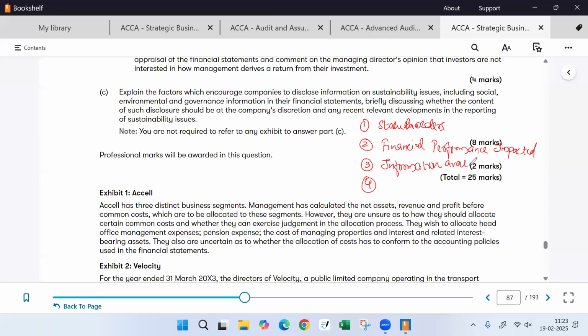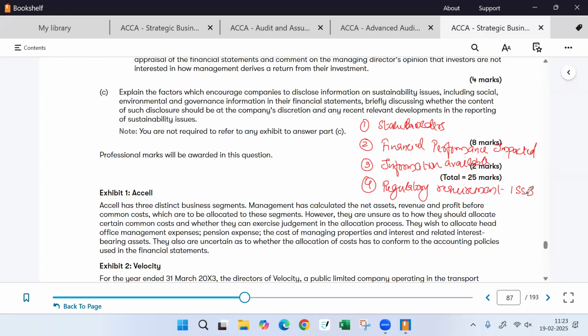Information available. And the fourth factor will be regulatory requirement, which is the ISSB standard that has been established. Correct? You got the concept? These are the 4 reasons why we will need to report on sustainability related matters.